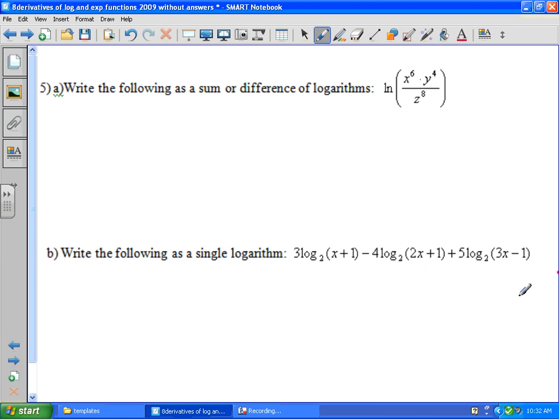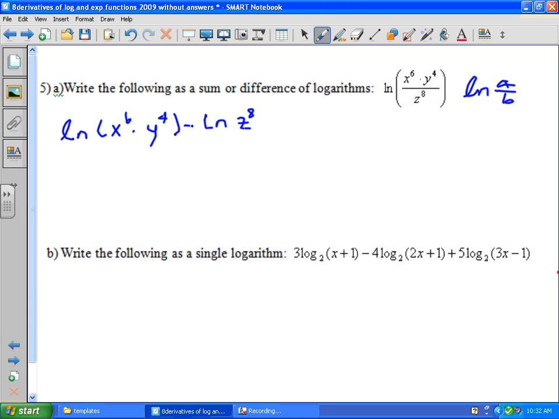So the first one looks like ln of a over b, and there the rule was do ln a minus ln b, so the ln of the top minus ln of the bottom. And then the product portion can be written as like ln a plus ln b, right?